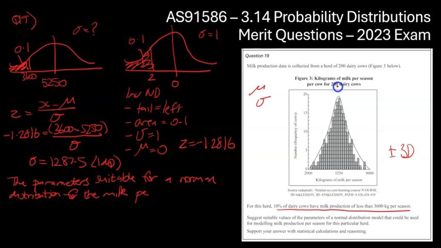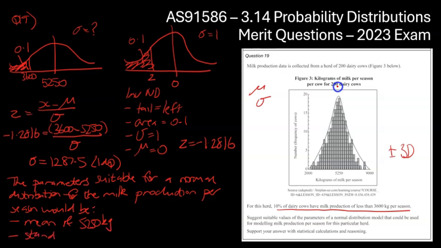So that last part's really important because that's the context of the question. That milk production per season part, milk production per season would be, and let's just bullet point this. So we're going to have a mean of 5,250, and don't forget the units here are kilograms, and then we're going to have a standard deviation.